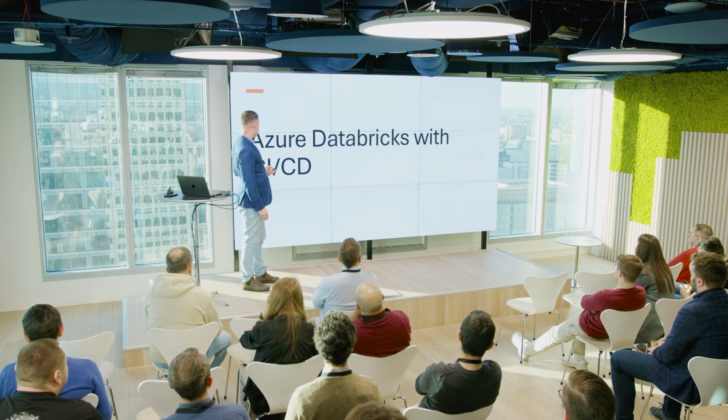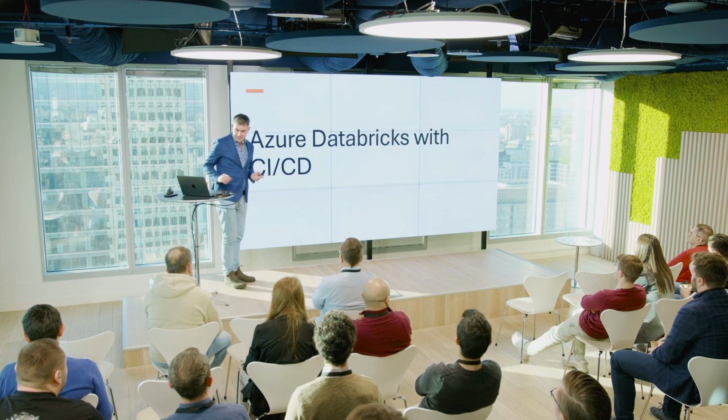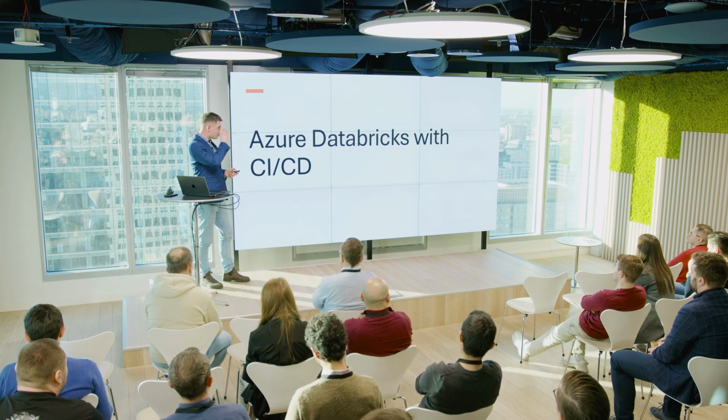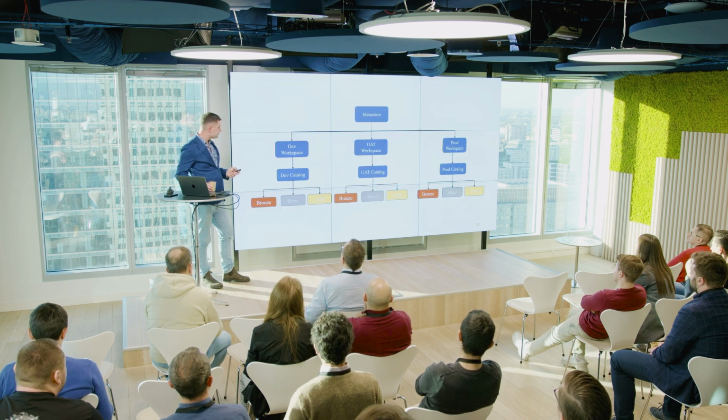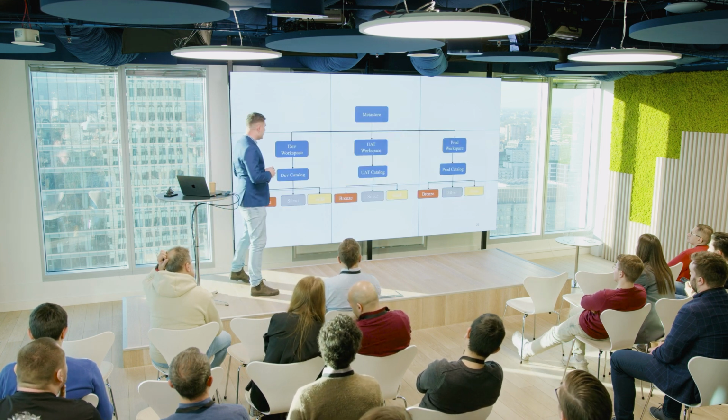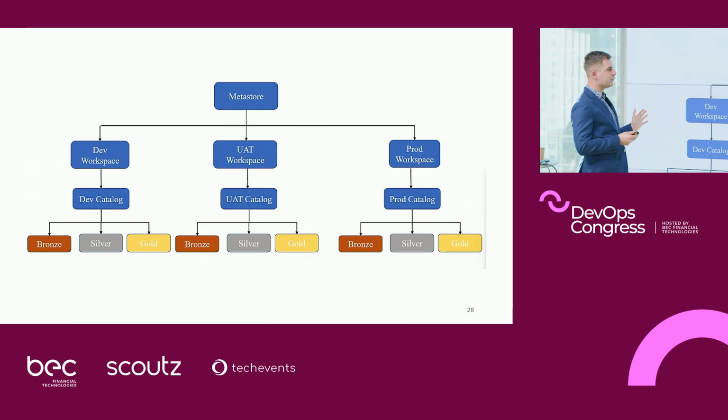Next slide. Azure Databricks with CI/CD. As I said, we can create basically three different workspaces: dev, UAT, and prod. Inside we have a dev catalog and bronze, silver, gold.